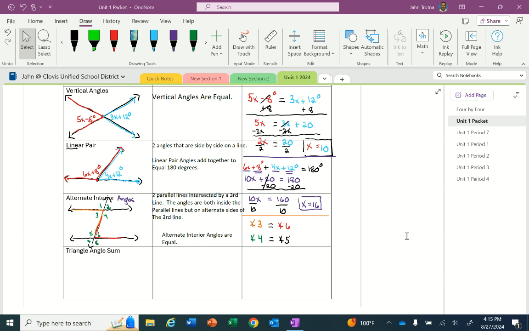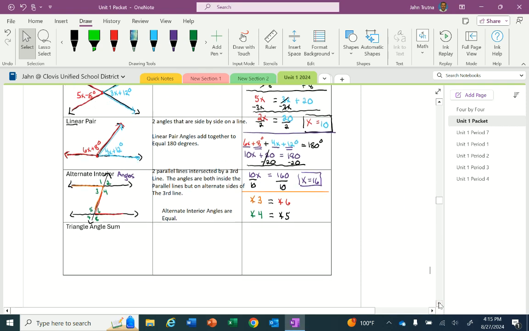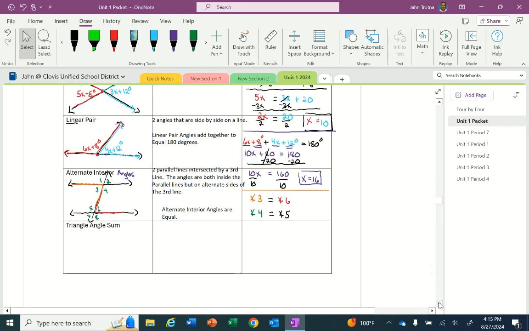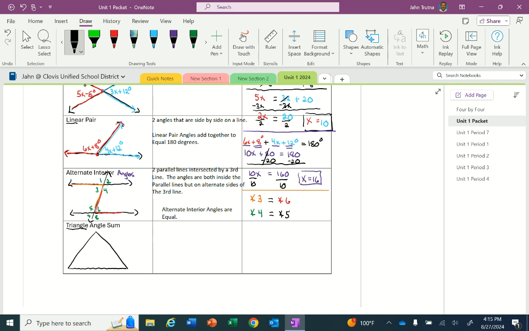The last relationship is the triangle angle sum relationship. In order to have this relationship, you have to have a triangle. So let's just draw the standard old triangle right here. A triangle, that word literally means 3 angles. So let's represent each one of the 3 angles.